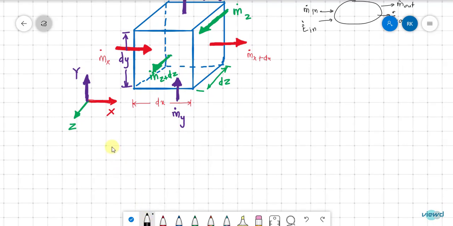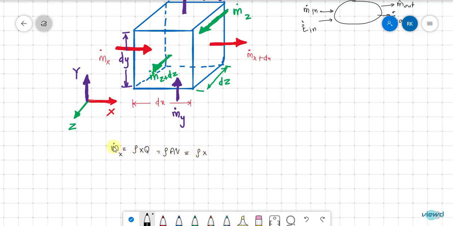So what is mass flow rate? Mass flow rate is equal to rho into Q. In this case, rho A V, that is density into area into velocity.